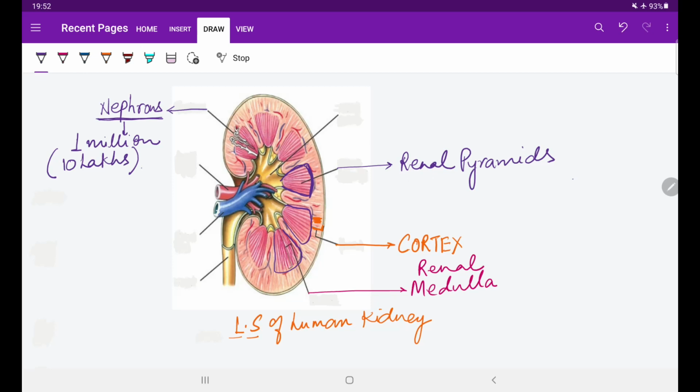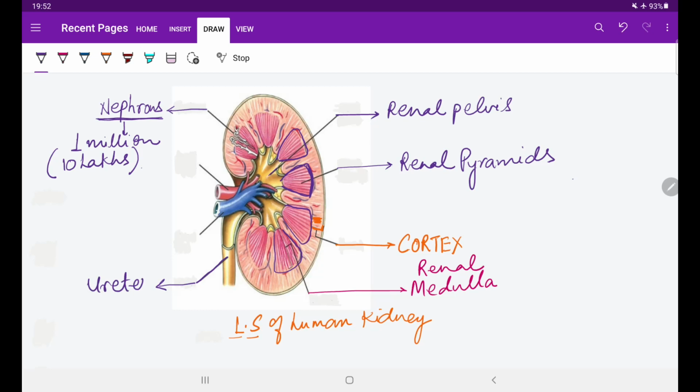We will discuss the structure of the nephron and the mechanism of urine formation in detail in a moment. These renal pyramids converge towards the center, as I told you earlier, and the central portion is called the renal pelvis, which opens up into a tube-like structure called the ureter.